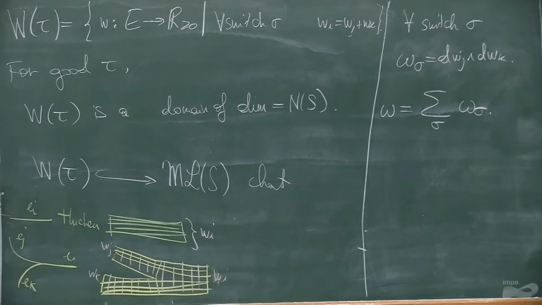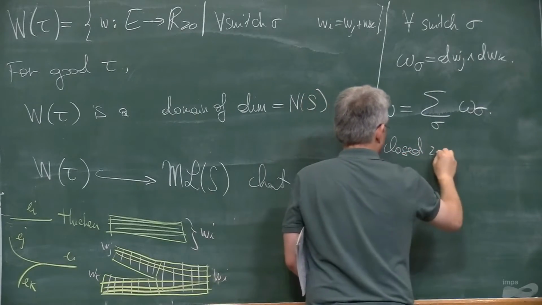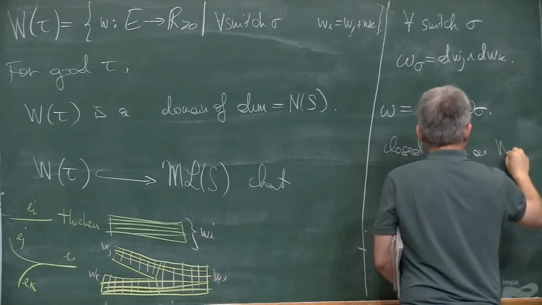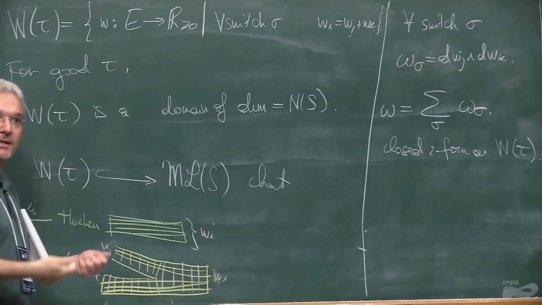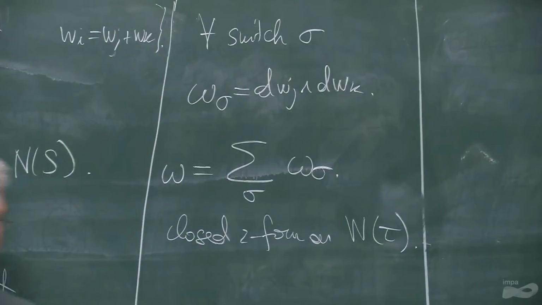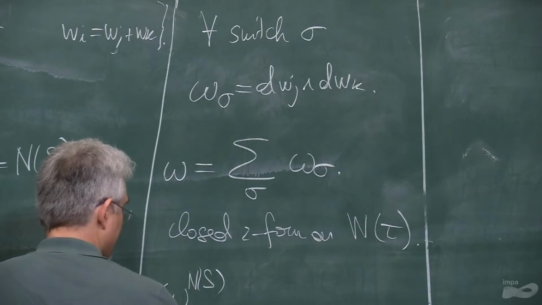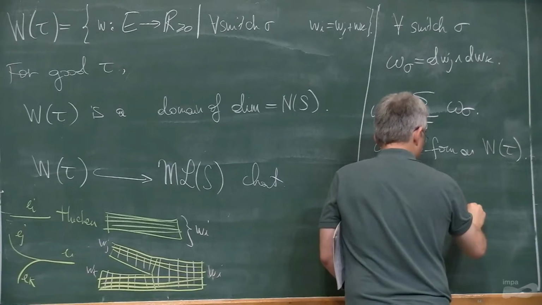So this is a closed two-form on this tau, and one can check that this gives a volume form. If you take omega, maybe divided by some factorial, doesn't matter, this is a volume form on W_tau.